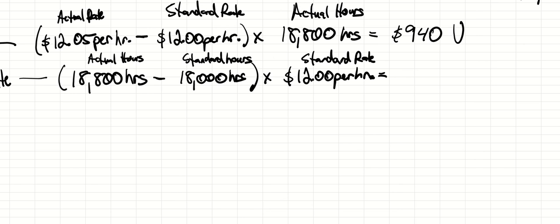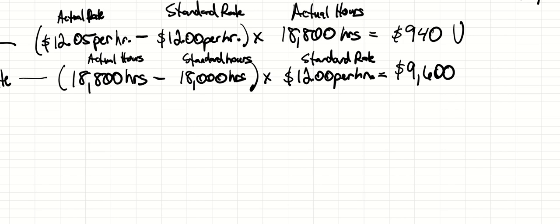Okay, now we just do the math. So 18,800 subtracted by 18,000. That's going to give us 800 multiplied by 12. That's going to give us $9,600 as the variance.